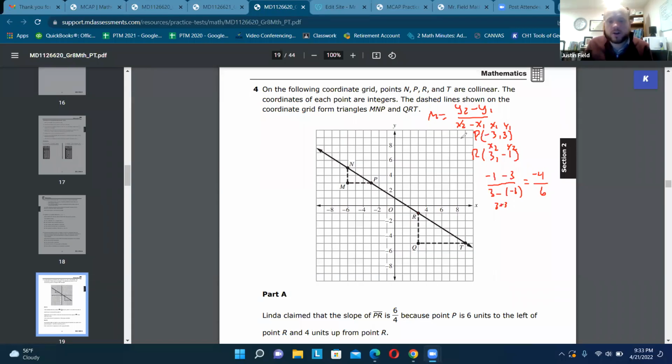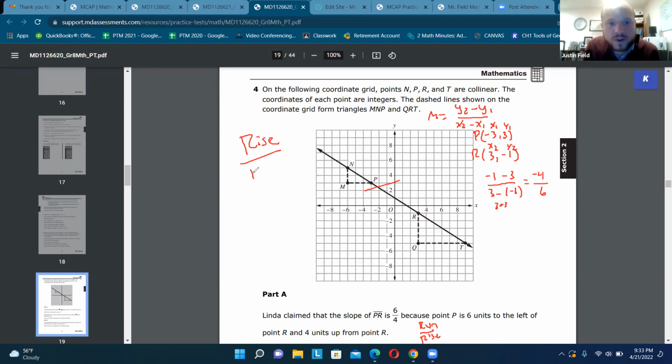Okay, so I see a couple things that Linda did wrong. First of all, she put her X's over her Y's. Her run is over her rise. That's not good. You know, it's rise over run, right? Everyone knows that.